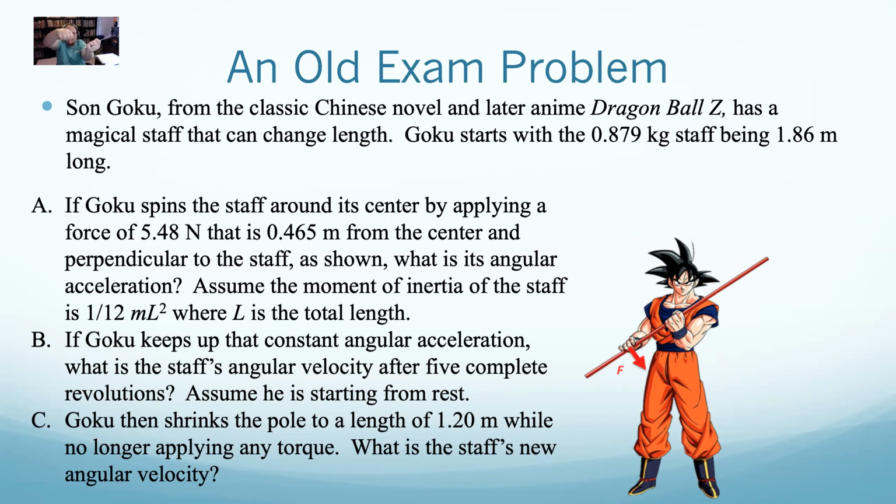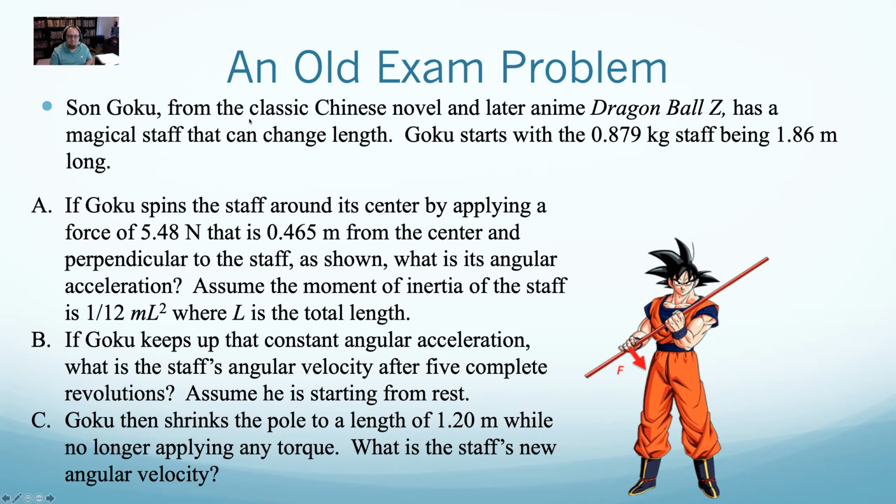He basically holds it solid here and pushes there, kind of how you spin a staff. What is the angular acceleration, given the moment of inertia of a staff around its center? If he uses that angular acceleration, how fast is it going after 5 complete rotations? And if he then makes it smaller, what's the new angular velocity?